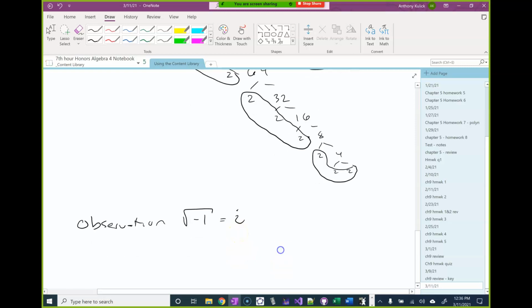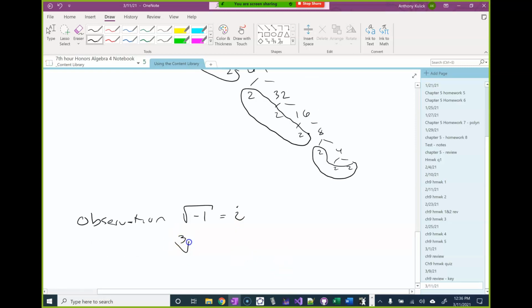Yep, good. What's going to be the cube root of -1? It's just -1, right? Because -1 times -1 times -1 is -1. Everybody's okay with that?